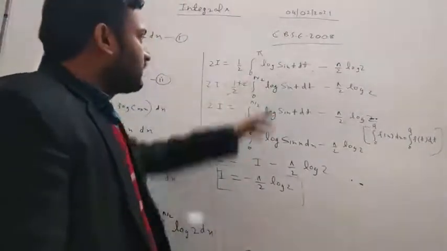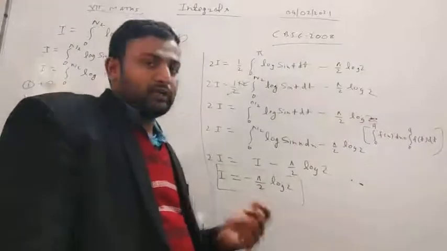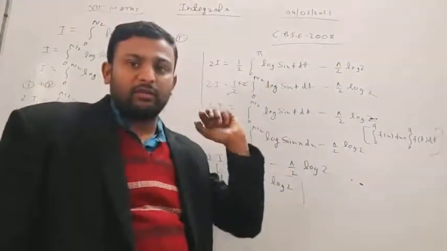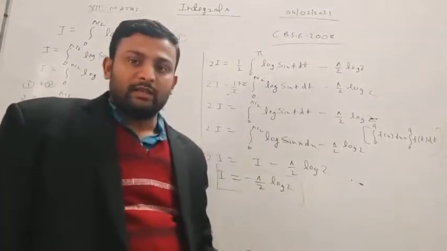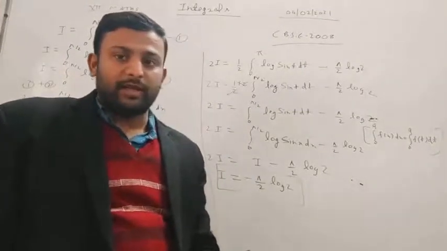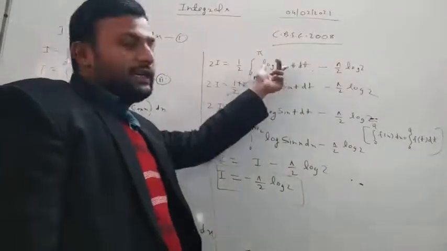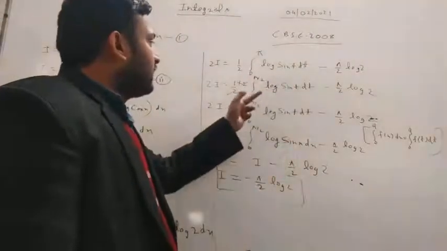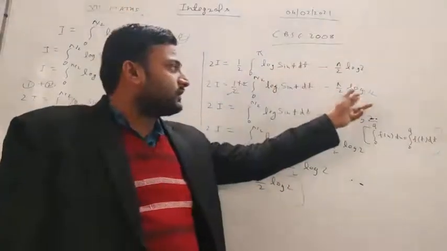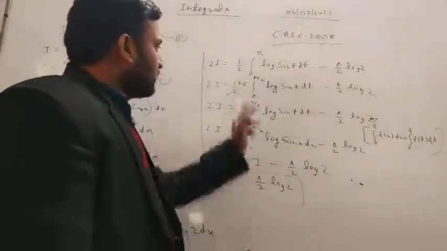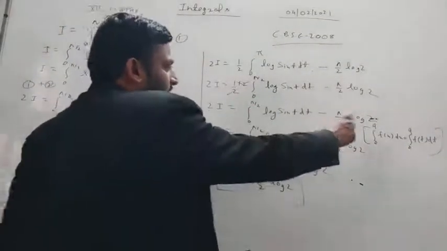Now students we are supposing that this is our 2a, with limit 0 to 2a of f(x) dx. So we will use the integral from 0 to 2a of f(2a minus x) dx. Okay, so when we put here 2a minus x we are getting the same thing, our f(x), so we can write 2 times the integral from 0 to a of f(x) dx, and this is minus pi by 2 log 2, so this part will be cancelled, and the integral from 0 to pi by 2 of log sin t dt, and minus pi by 2 log 2.